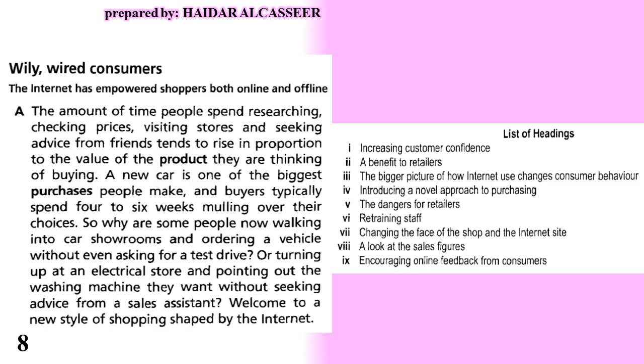And 9, encouraging online feedback from consumers. Let's come to the first one. The amount of time people spend researching, checking the prices, visiting stores, and seeking advice from friends tends to rise in proportion to the value of the product that they are thinking of buying.